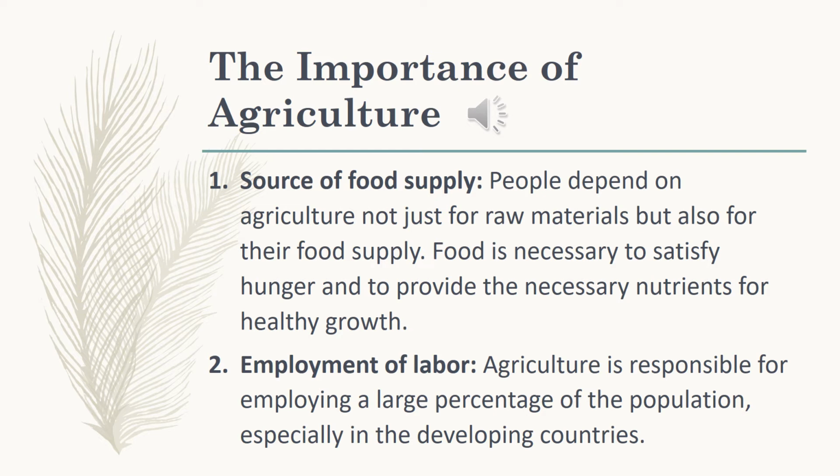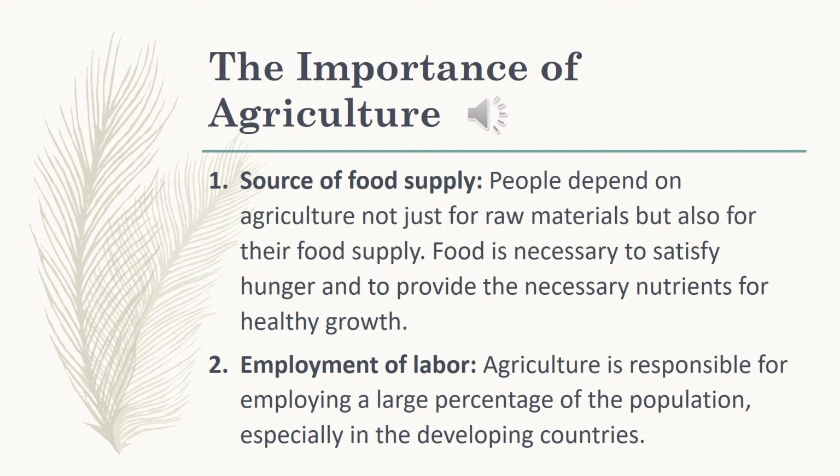Rice, for example, is the staple food of at least half of the world's population. It provides the necessary carbohydrates, fiber, mineral salts, and vitamins. With an expanding world population, the agriculture sector is under tremendous stress to increase its output.